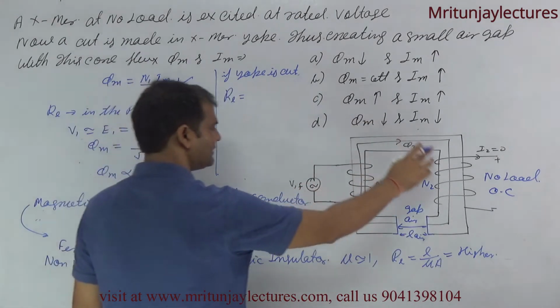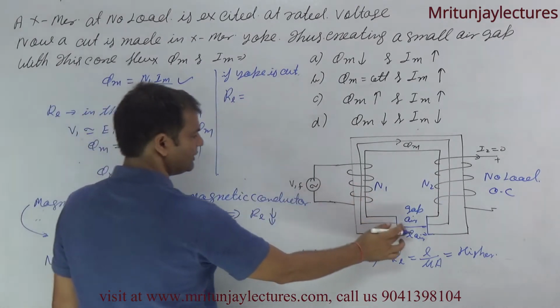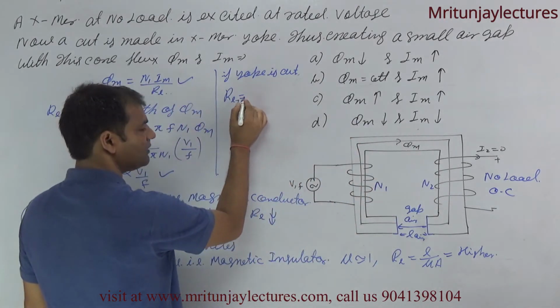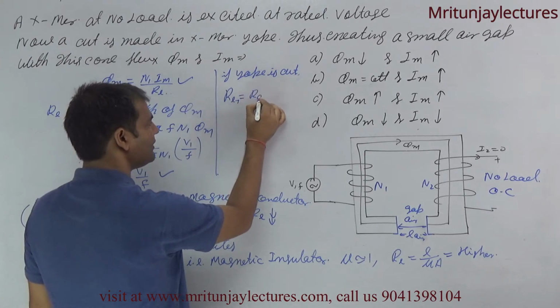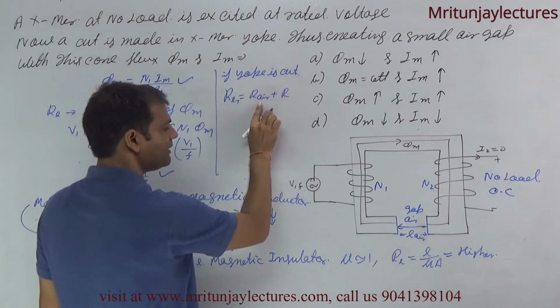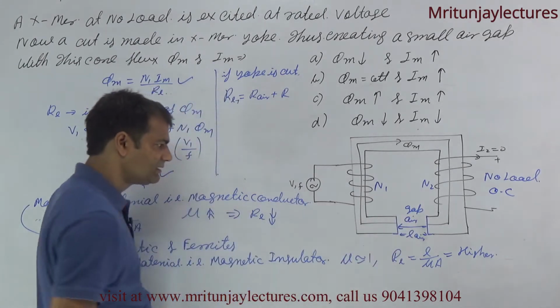Now total reluctance, both are in series, that's why R plus R air: the reluctance of the iron core plus the reluctance of the air gap.